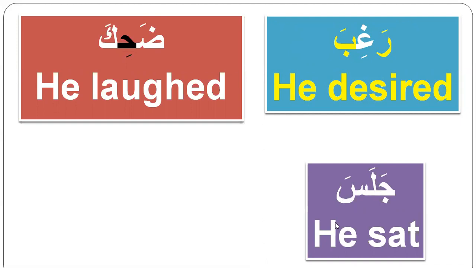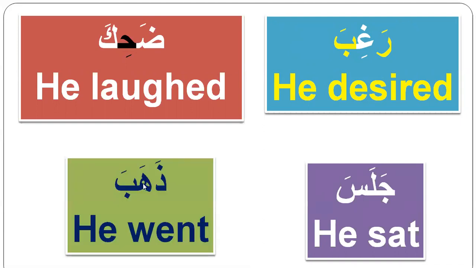He sat. ذهب. He went. So we repeat. رغب. He desired. ضحك. He laughed. جلس. He sat. ذهب. He went.